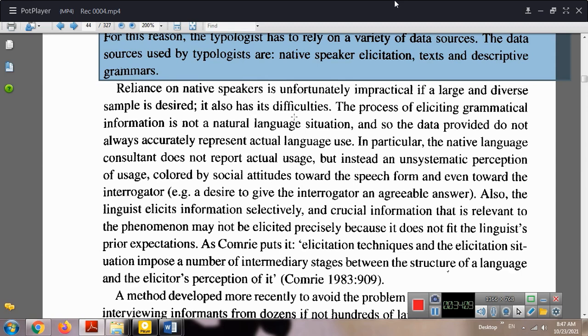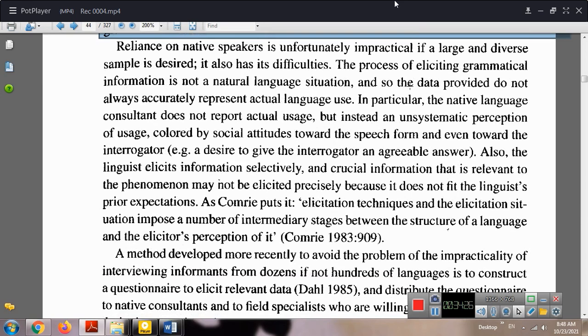It also has its difficulties. The process of eliciting grammatical information is not a natural language situation, and so the data provided don't always accurately represent actual language use.